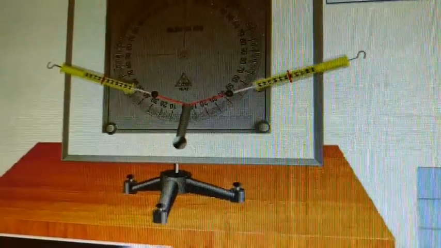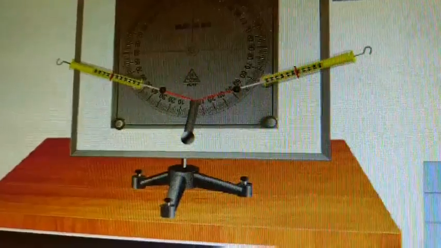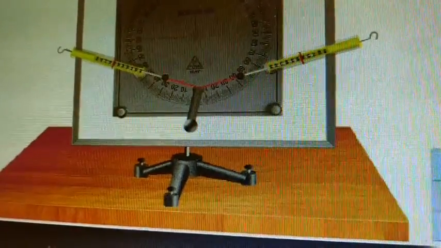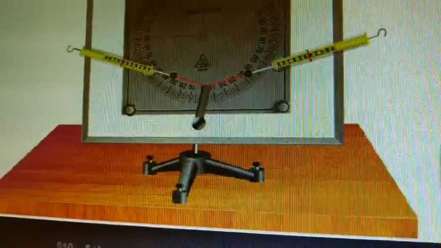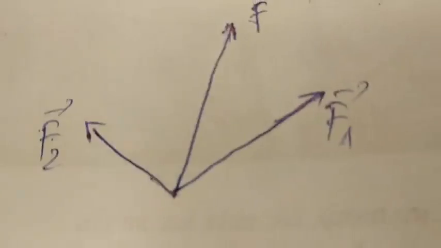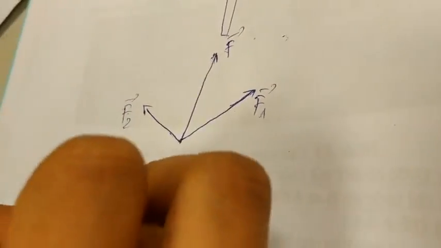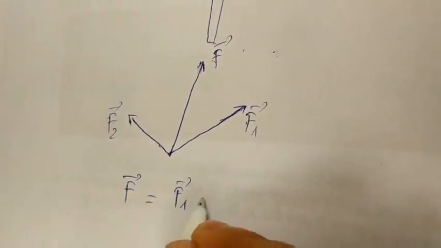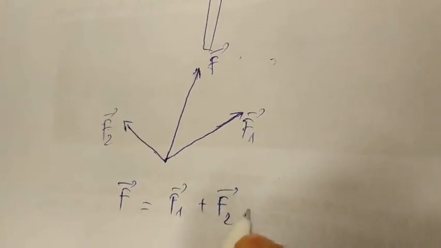Then we check whether the lengths of the two pairs of opposite sides are equal. If they are equal, it means F equals F1 plus F2.